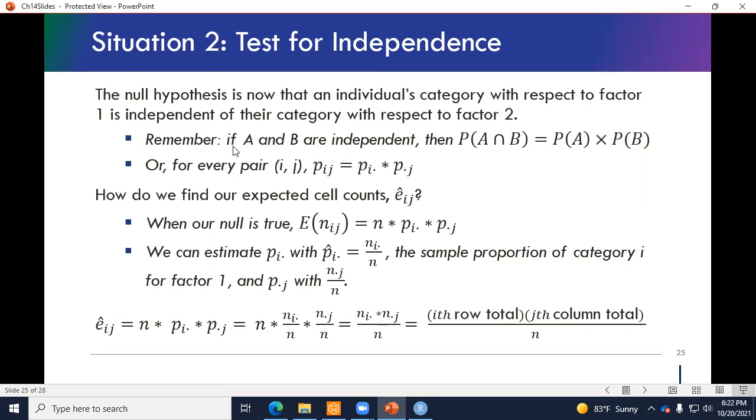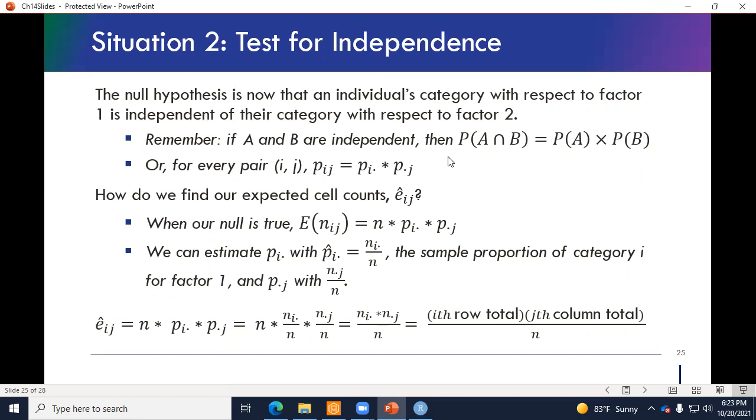This is just what we have learned. Event A is that the individual falls in whichever category in factor 1, and event B is that they fall in whichever category for factor 2.